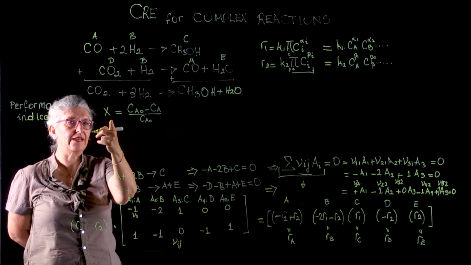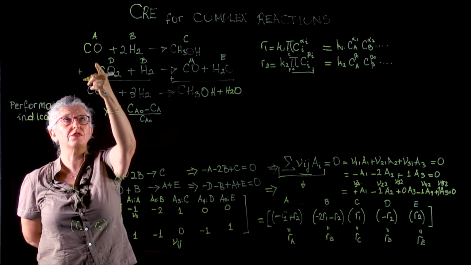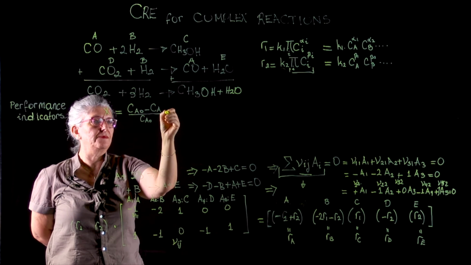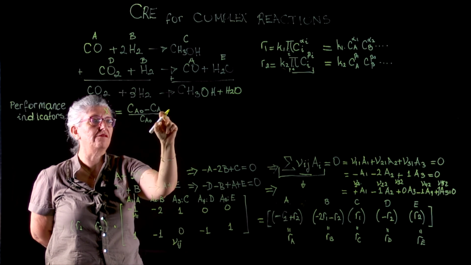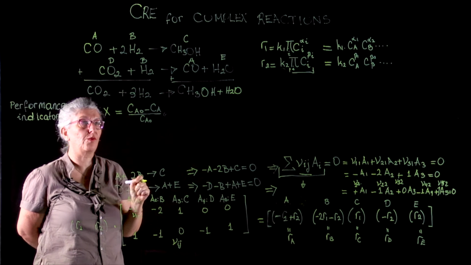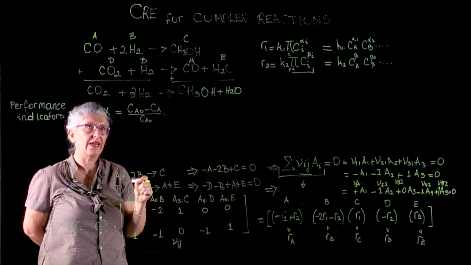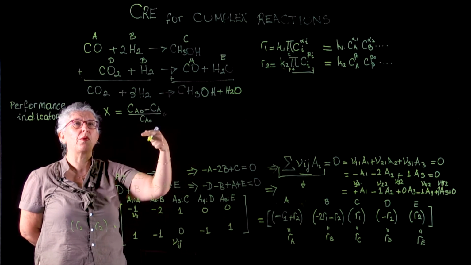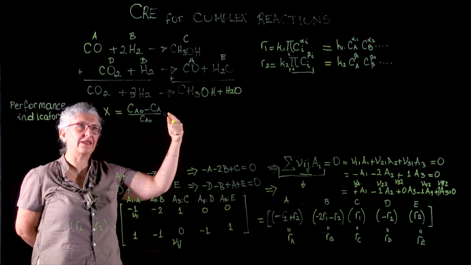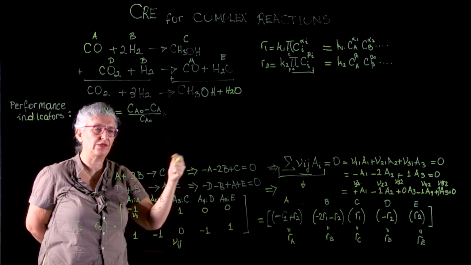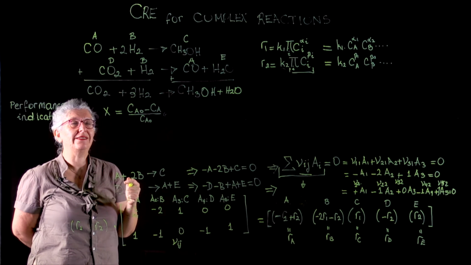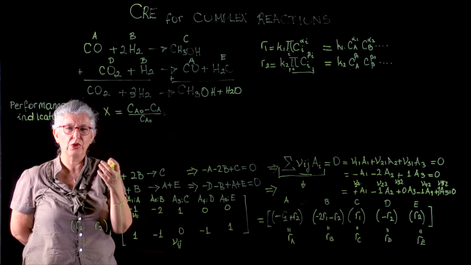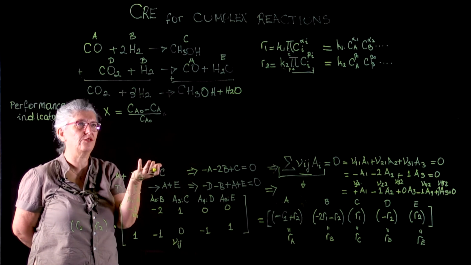Conversion is an indicator for a reactor, but not for the individual reactions that are taking place in the reactor. When we have more than one reaction, we have to also identify in which proportion these reactions went towards production and how much of the feed is used to produce our desired product.